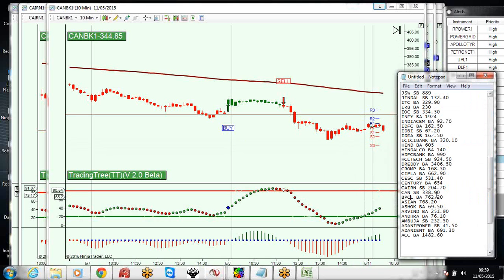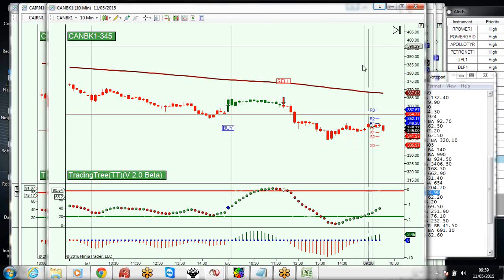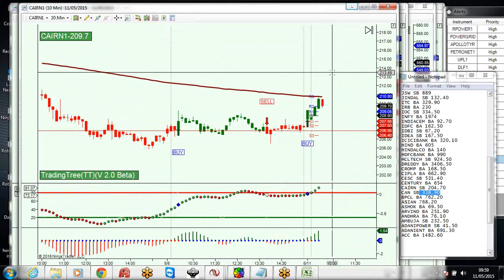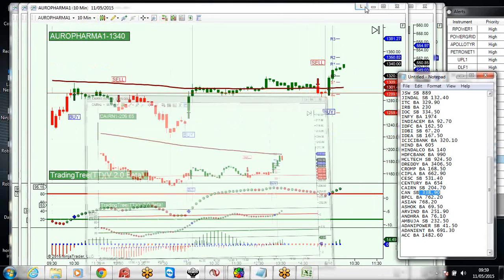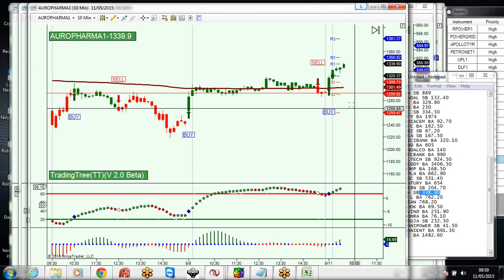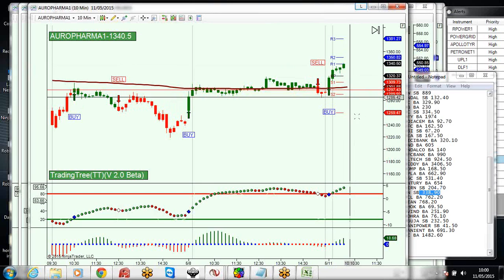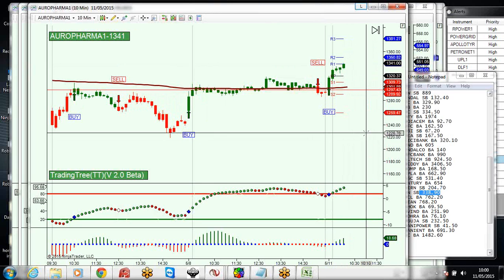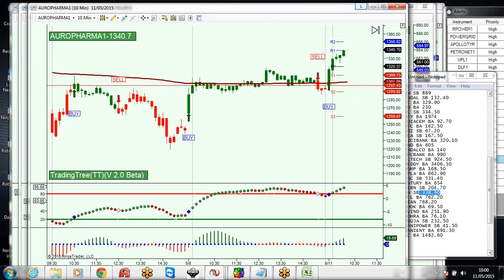Can Bank, we have a short at 338.90. Canara has made its profits, so this will be our first target. Arvindo Pharma also has done its R1 at 1340. The next target will be 1350 for Arvindo Pharma.